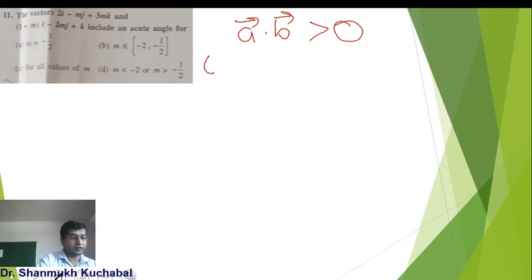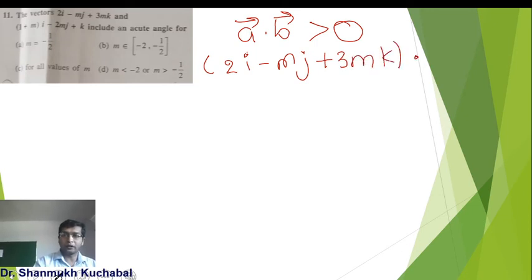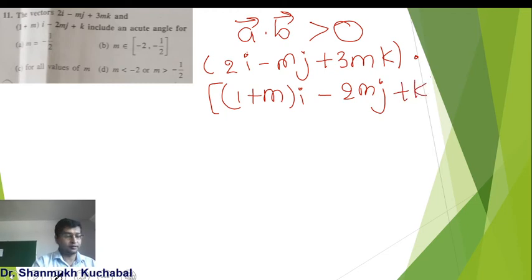The first vector is 2i plus mj plus 3mk, and the dot vector B is (1 plus m)i minus 2mj plus k, which we take as greater than 0.